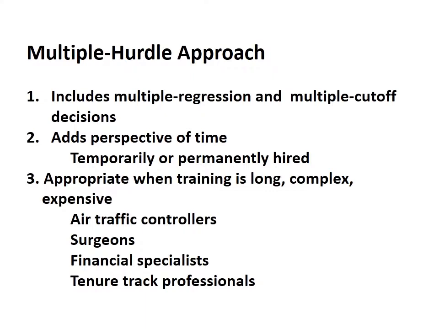When I was hired as a faculty member, I was initially hired under a yearly contract, and I then had to show in a certain period of time, usually 4 to 6 years, that I had done everything necessary to show that I'm competent at my job. When I pass that hurdle, that's when I actually become tenured, which is the academic version of permanently hired. So though I was an assistant professor on the tenure track, I was effectively temporarily hired. This is an example of the multiple hurdle approach.